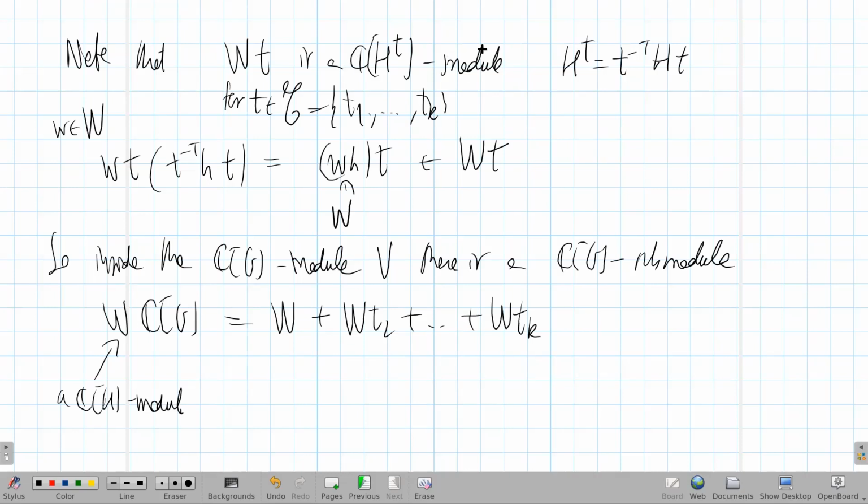Now the point is that we are talking modules, and for a while I will be speaking of an induced module, but then we'll switch to representations.